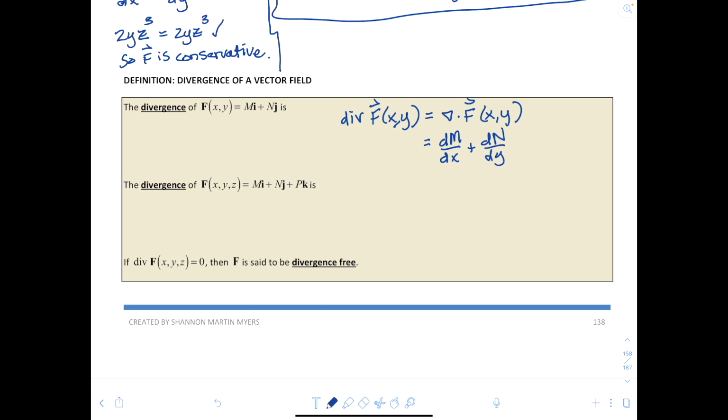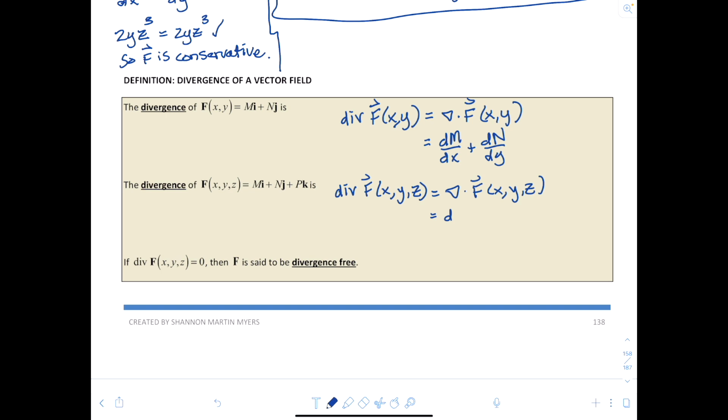And similarly, if we're in 3 dimensions, we'll have divergence of f of x, y, and z will be that differential operator dot the vector field at x, y, and z, which is, and notice, because we're doing a dot product, we're going to end up without vectors.